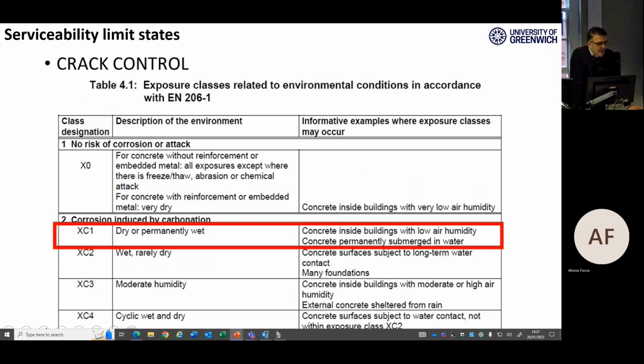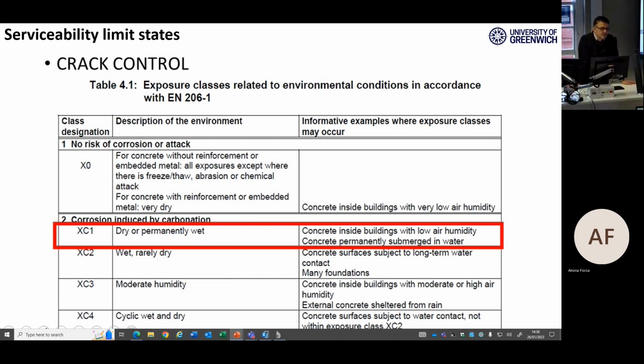So again, we have a kind of table here to define the exposure class of our structure. Usually for regular buildings, we are in exposure class number 1, which means that we are dry or permanently wet. So concrete inside buildings with low air humidity is in exposure class number 1.